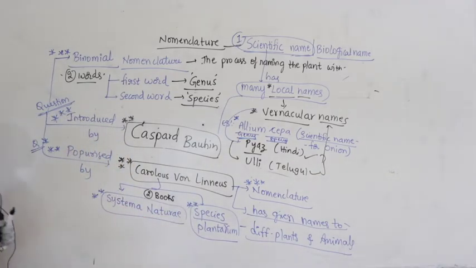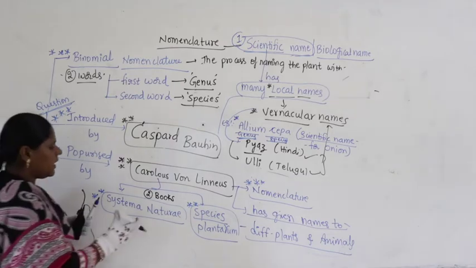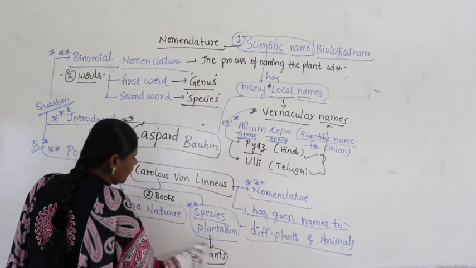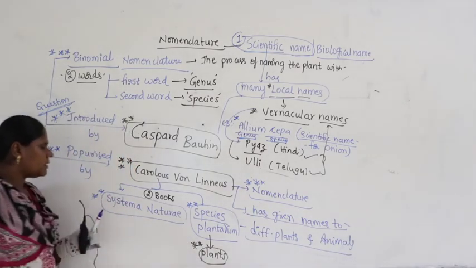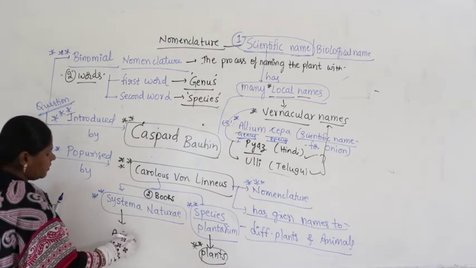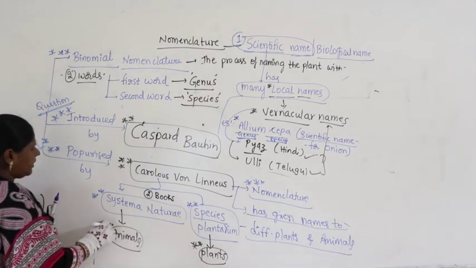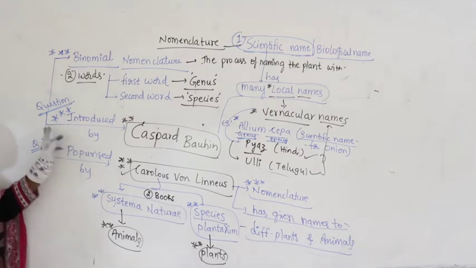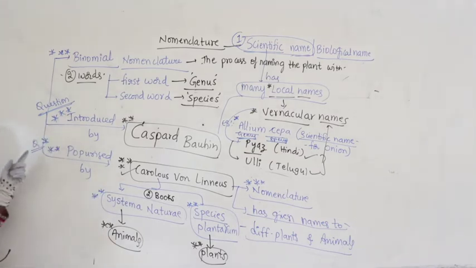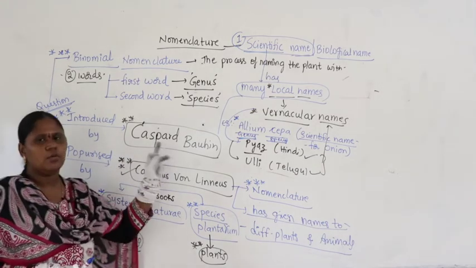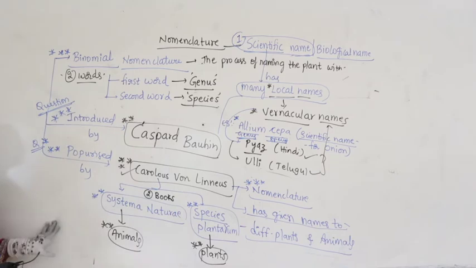Names of the plants he has described in the book called Species Plantarum. This includes the names of the plants identified by Linnaeus. Another book, Systema Naturae, includes names of the animals which were discovered and identified by Linnaeus. So, who popularized binomial nomenclature means Linnaeus. Who introduced binomial nomenclature means you have to remember Caspar Bohen. Right guys, I hope you understood.